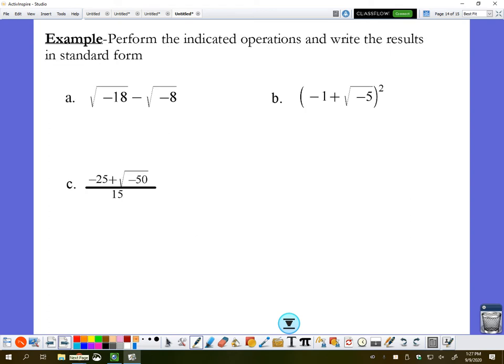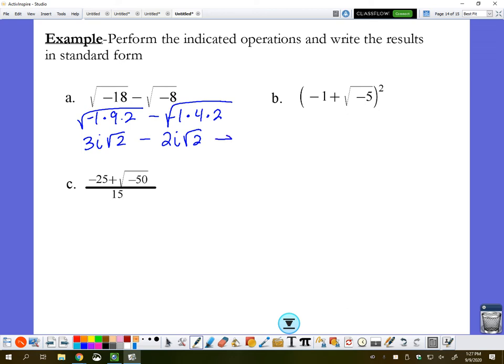So if I'm going to do these problems, I have to say that this is negative 1 times 9 times 2, so I get 3i root 2. And this is negative 1 times 4 times 2, so 2i root 2. So when I subtract those, I get 1i root 2.